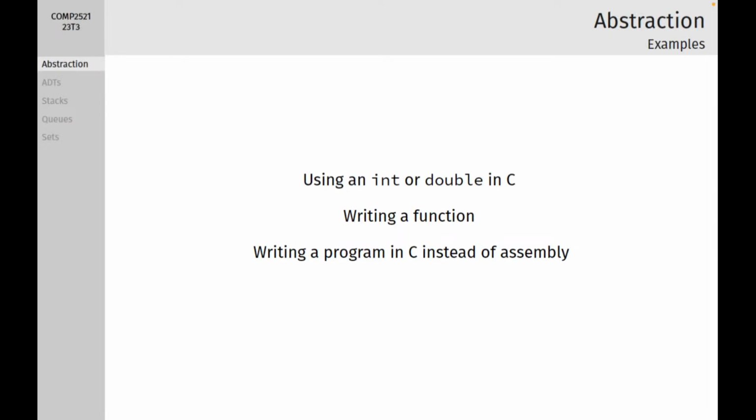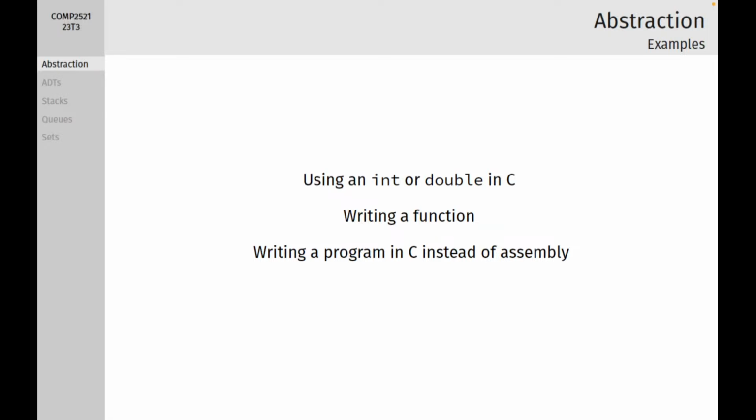Or another example in programming is writing a program in C instead of assembly, right? So you might know that when you write a program in C and then you compile it, it gets compiled down to assembly. You could, if you wanted, write your entire program in assembly, but you probably wouldn't want to do that because assembly code is really difficult to read, really difficult to understand.